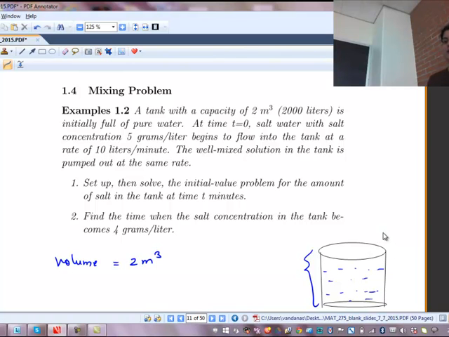Now somebody comes and they start pouring salt water here. You might see another terminology in textbooks, brine. Brine is also another name for salt water. So they start putting salt water in this pure water tank at a rate of 10 liters per minute.